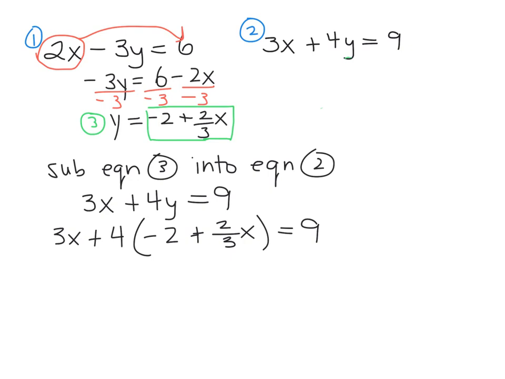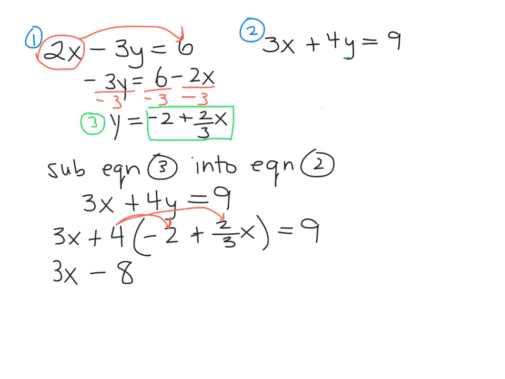Okay, my next step is to simplify, and I'm going to have to distribute 4 into this bracket. So we have 3x plus 4 times negative 2, which is a negative 8. So I'm actually going to change the sign, and I'm going to write negative 8. And then we've got 4 multiplied by 2 over 3.